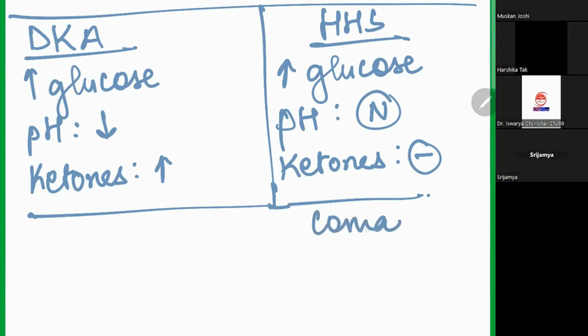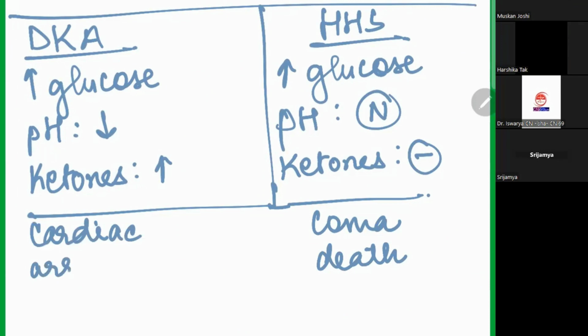So it's more severe, and you have to do intensive fluids and insulin, and of course you have to check for potassium levels also. So this way they will ask you the question, especially for diabetes mellitus.